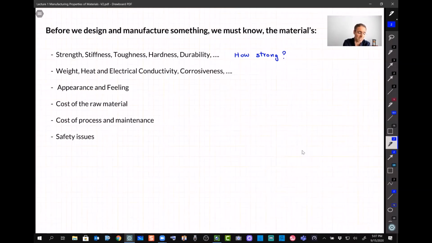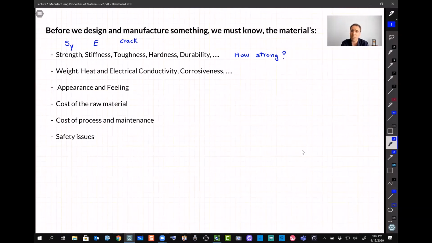We talk about the strength, and by strength, we're talking about the yielding strength, about its stiffness, modulus of elasticity, toughness, how tough the material is, and when the material is under impact, does it crack? Does it absorb energy so it deforms and does not crack?